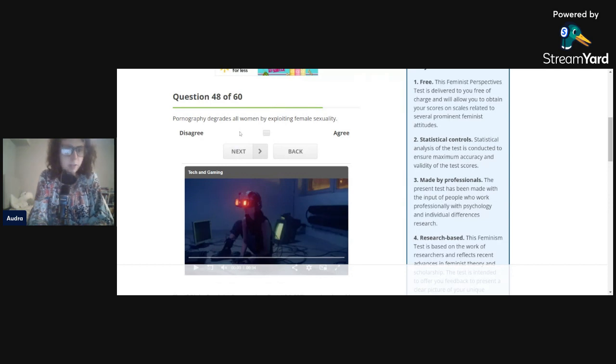Disagree. I'm kind of waffling between agree and slightly disagree and strongly disagree. But again, as I'm saying for a lot of these things, pornography doesn't necessarily have to be degrading. But some of it is, some of it has been. And there is such a thing as ethical porn consumption.